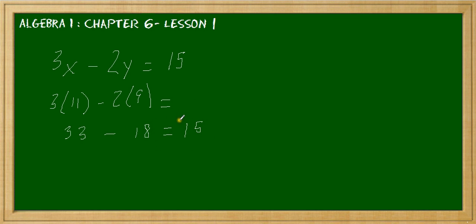Actually, there should be a 15 up here if we're just carrying down our equation. Now, just because it works here doesn't mean it's going to work for everyone. But they use this as the example of using the x value as 11 and y as 9. Now, a simple way of writing the solution would be x is equal to 11 and y is equal to 9.